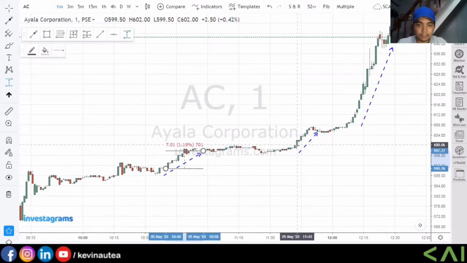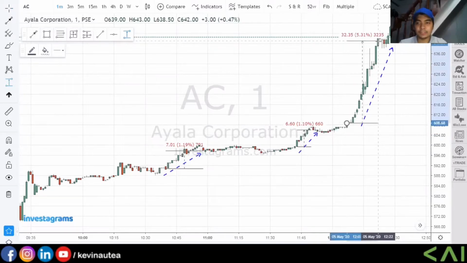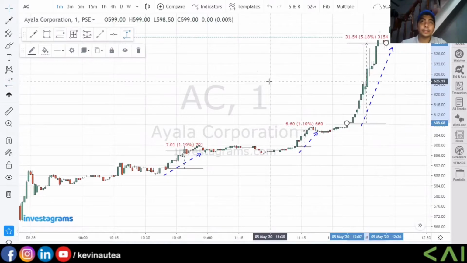Right here, maybe around 1% as well. So that's one thing that I am suggesting to the other investors or traders: they can consider investing in companies, or they can prioritize companies that have a smaller value rather than big value companies, because the growth of those companies is already maxed out.